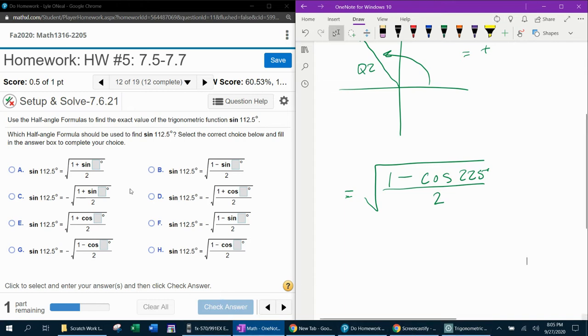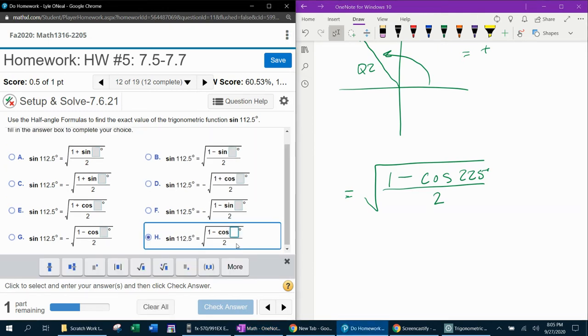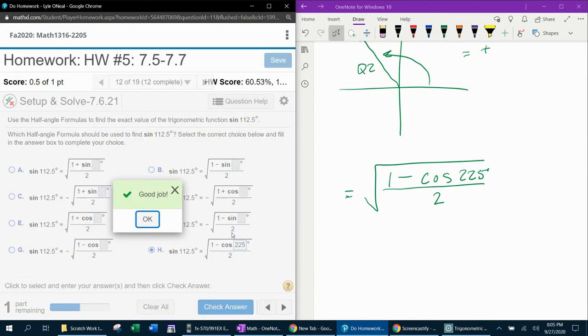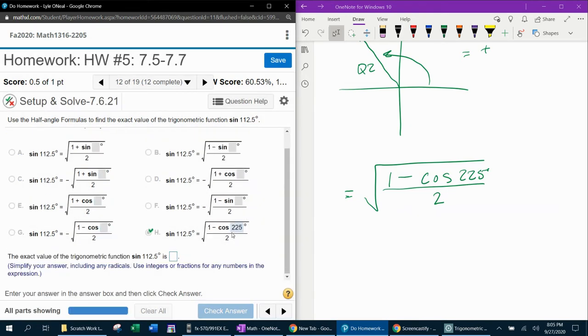Now, from the 4 answer choices that are left, which one says 1 minus cosine theta? That's going to be answer choice H. And you do have to fill in the theta. Okay? Next step. The exact value of the trigonometric function is.